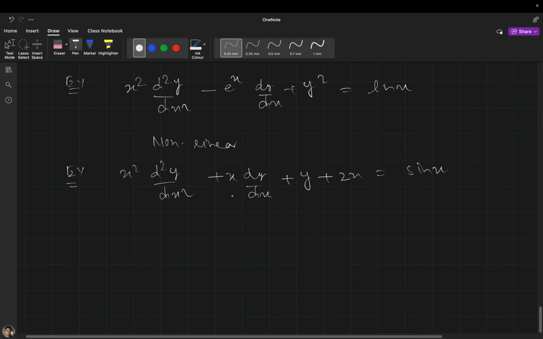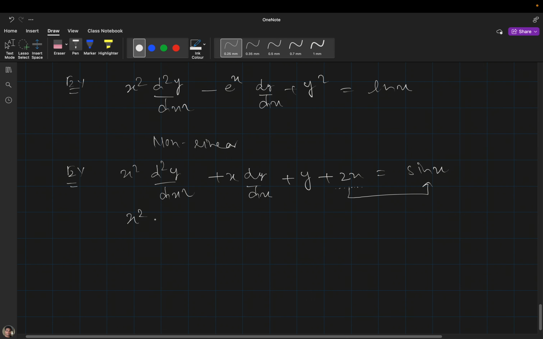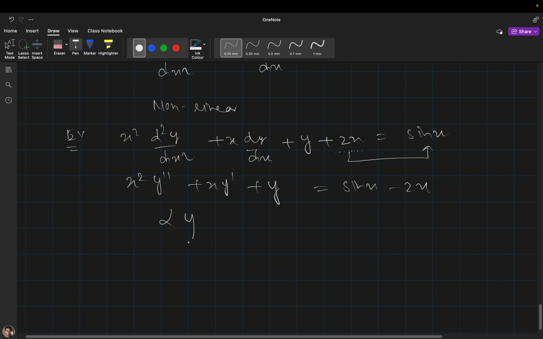If you are able to convert this into Ly, then maybe you are thinking there is an extra term that cannot be taken as y outside. But the thing is, it can be moved here so that it can be written as this. So that's why this is Ly equal to b. So, linear. Now you can easily identify which equation is linear and non-linear.